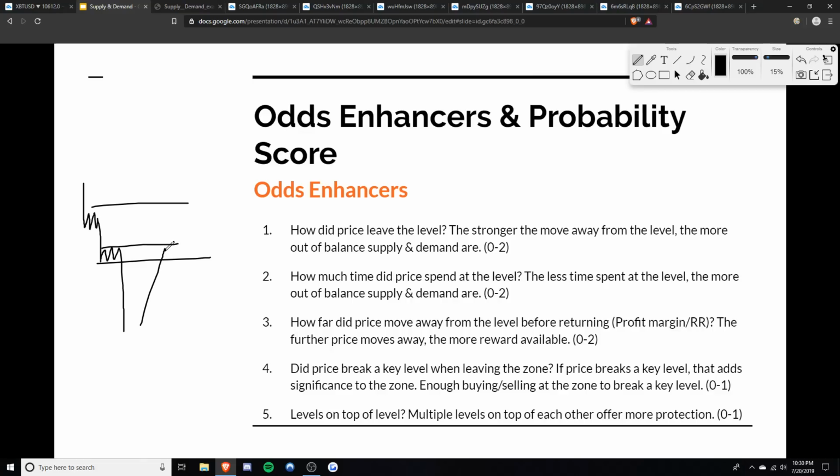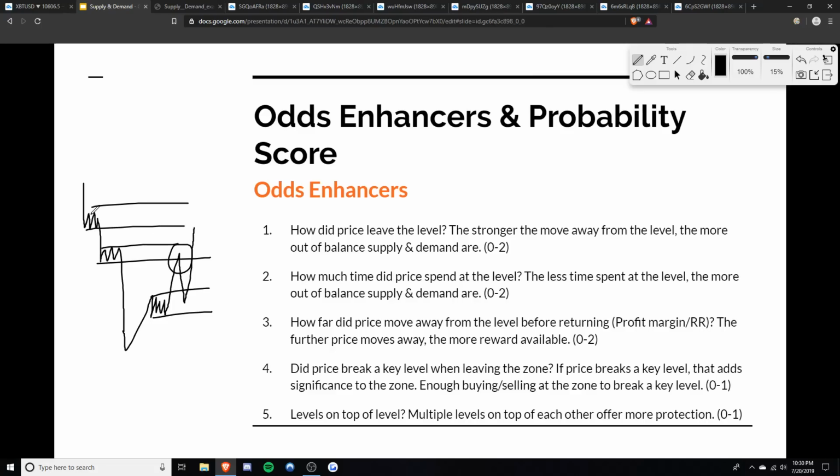Let's say, for example, price is retesting and forms a demand zone here. Test this. So this is your entry. If you're short from the supply zone, price comes back down, tests this demand, which makes price go higher.